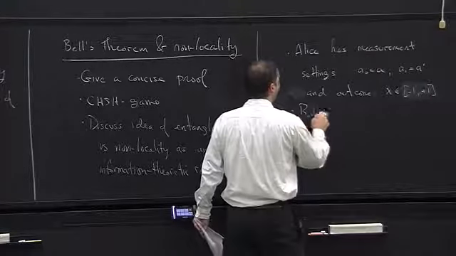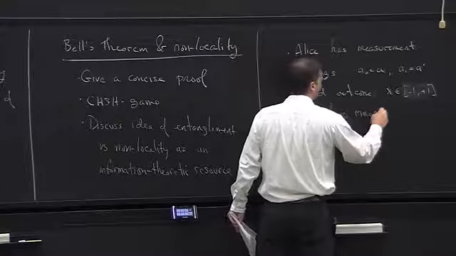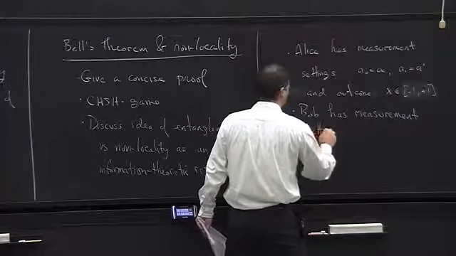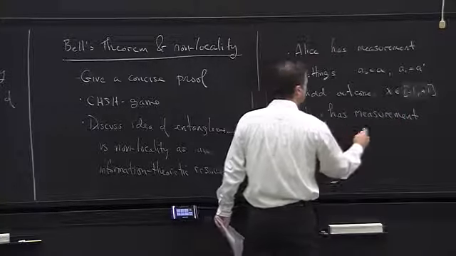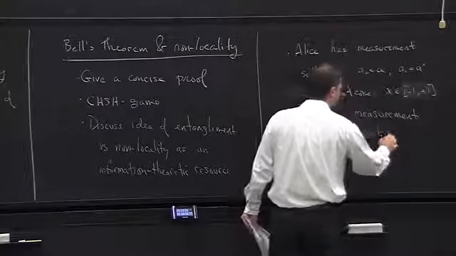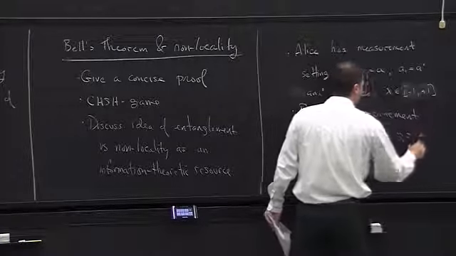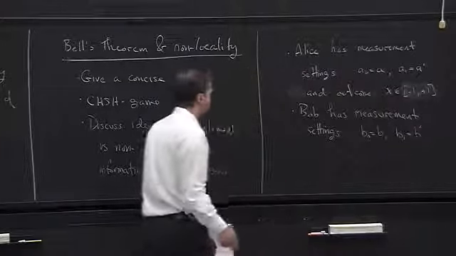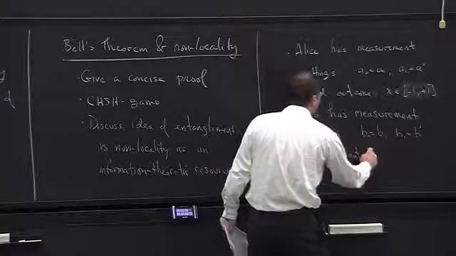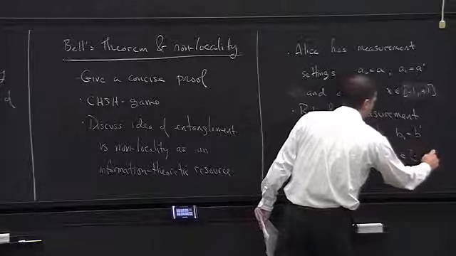Similarly, Bob has measurement settings on his measurement apparatus that take on the values either B0, which we were calling B previously, or B1, which we were calling B prime. And his outcome we label with a Y, and Y can take on any value between minus 1 and plus 1.